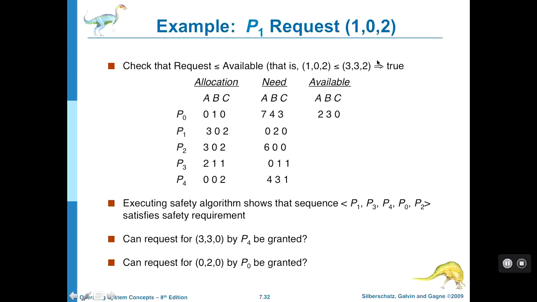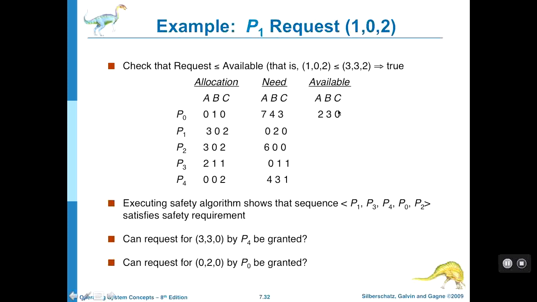And it can, because this is what was available on the last screen, right? But once we grant that request, this is what we'll have left. So 3 minus 1 is 2, 3 minus 0 is 3, 2 minus 2 is 0. So this is what we would have left. And so this is kind of a hypothetical. We haven't granted it yet. We're just trying to see if we can grant it and the system stays in a safe state, right?